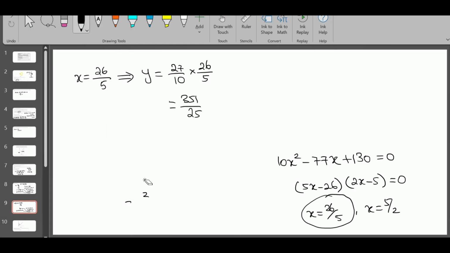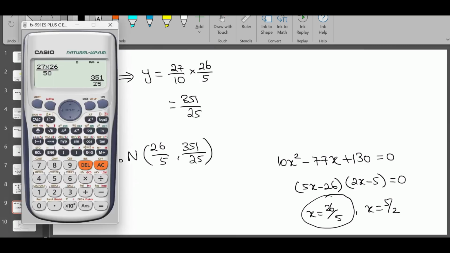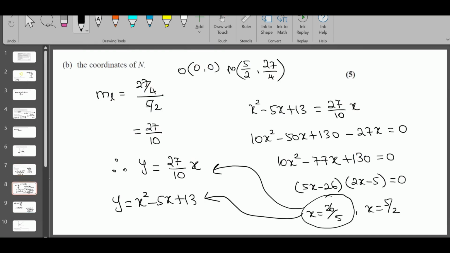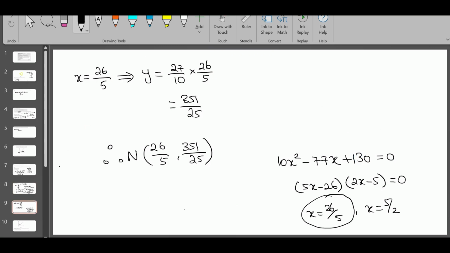Therefore, the point N is 26 over 5, 351 over 25. That's all. That's the coordinate of it. They just want you to find the coordinate. They did not mention anything, so leave it in the exact form.